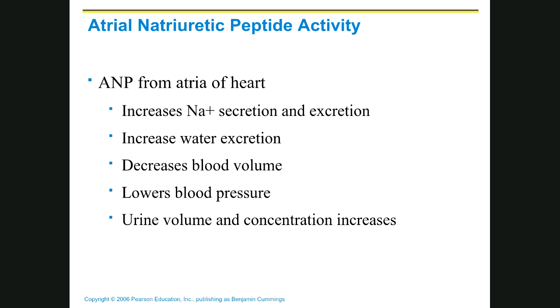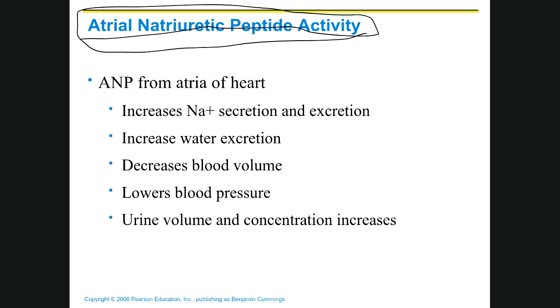And then the other hormone that's involved with this is ANP, and we talked about it. So ANP makes you get rid of sodium. So we're going to take sodium and secrete it into the tube and excrete it into the urine. Remember what follows sodium? Water follows sodium.